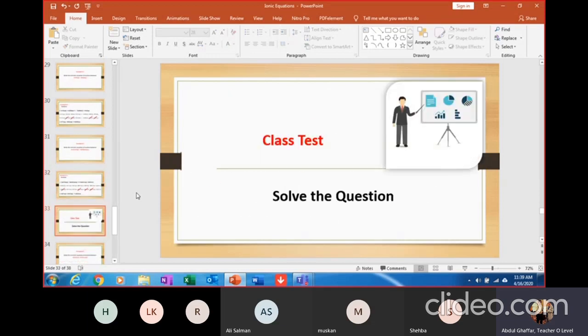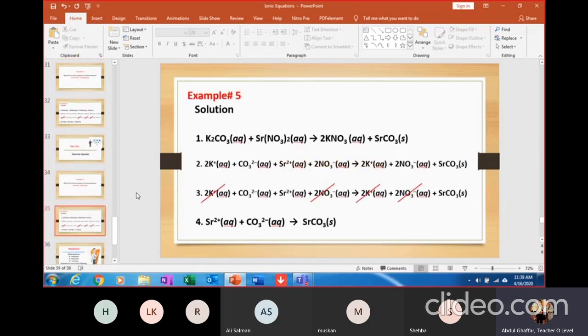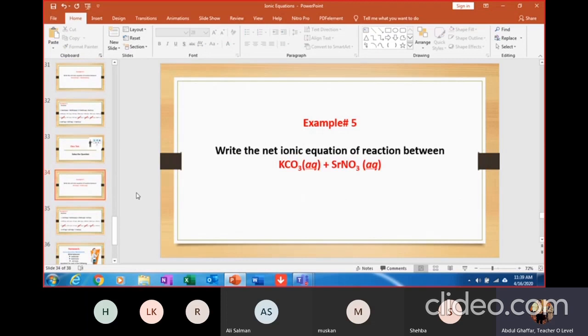Same. Now the class test. For the class test, note down this equation. This will be your homework. We are concluding this session right now.